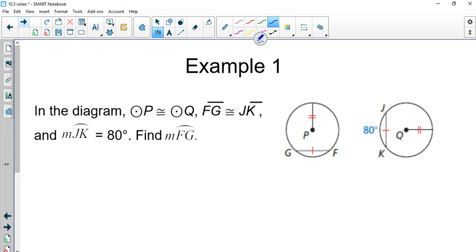Find FG. Well, since this chord and this chord are equal, that means this arc and this arc are equal. So the measure of arc FG is also 80 degrees.